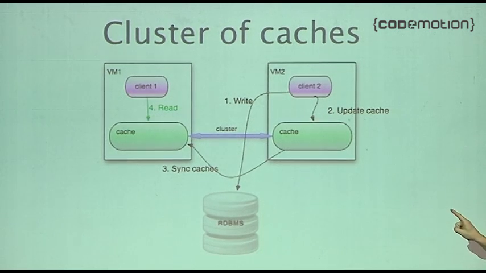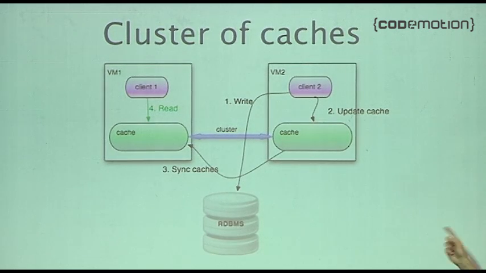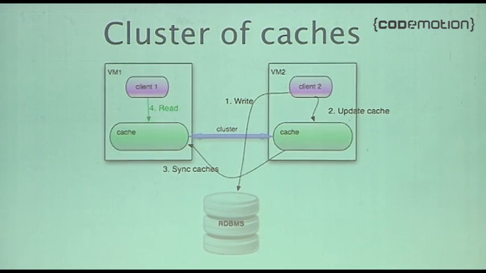And if you update the cache on one client, the data will be replicated and updated on the other client as well, so that when the next client reads the data from the cache, it is guaranteed to have the last value. This operation of updating both the cache and the database is a transaction, and it's a distributed transaction. So you have very high consistency guarantees there as well.